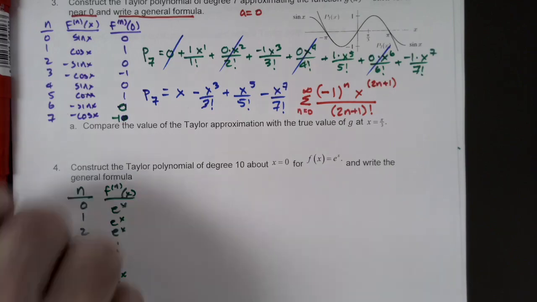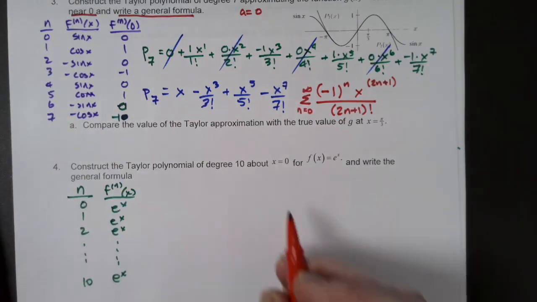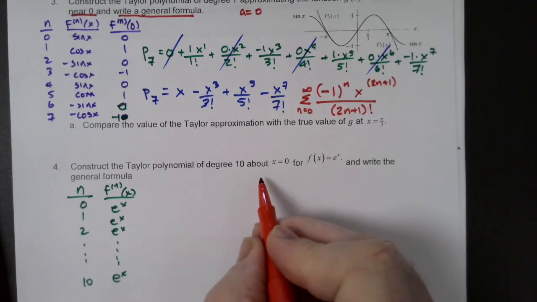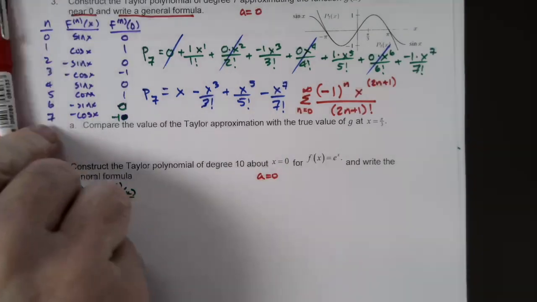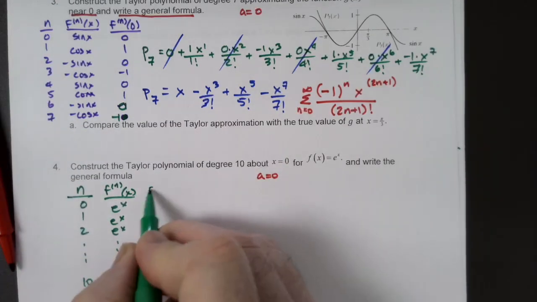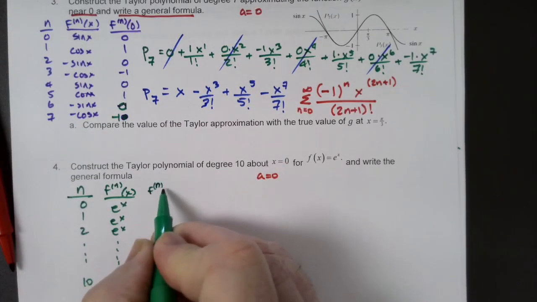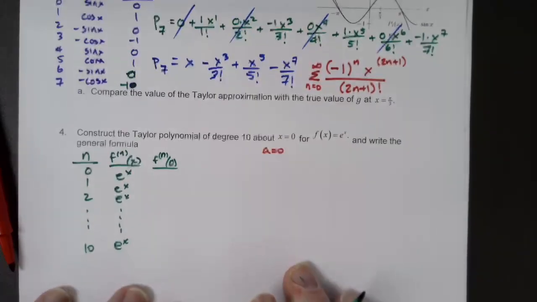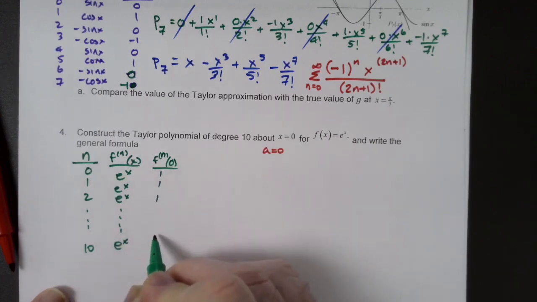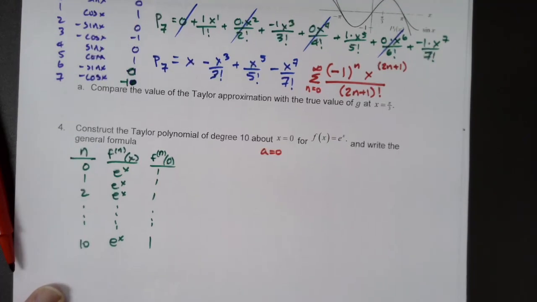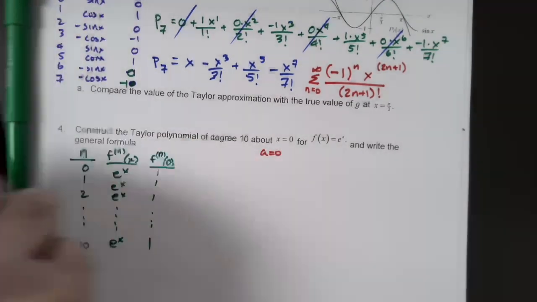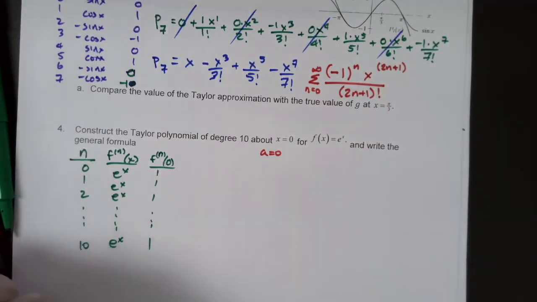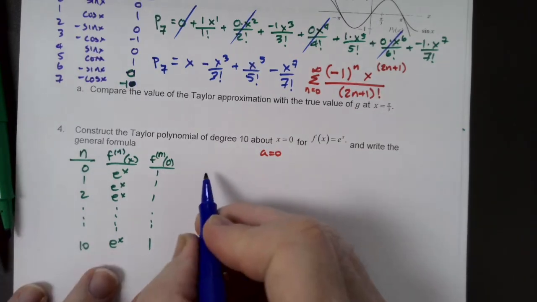This one still says that we're about x equals 0, so our a equals 0, which means, oh, this gets rather boring too, because what's e to the 0? 1, 1, 1, 1, all the way to 1. Okay, so remember, this is giving us that derivative portion of our partial.